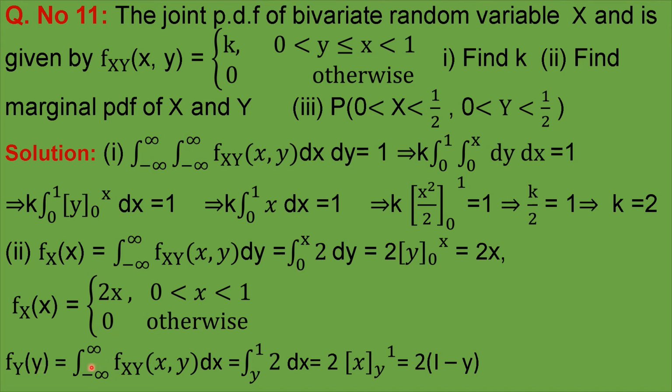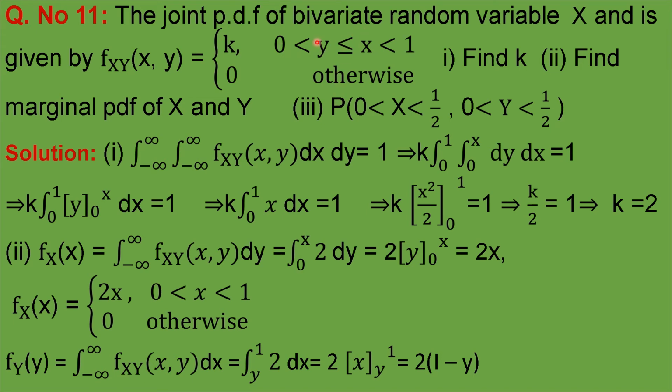Similarly, f_Y(y) is the integral from minus infinity to plus infinity of f(x,y) dx. The marginal probability density function of the continuous random variable Y is the integral with respect to x. Now here you need to consider x values. x varies from y to 1, and clearly y is greater than 0.